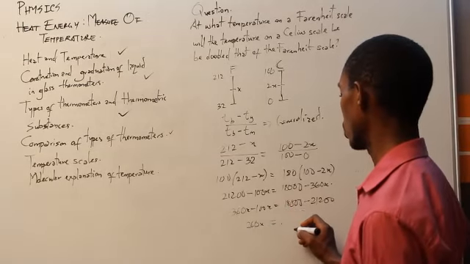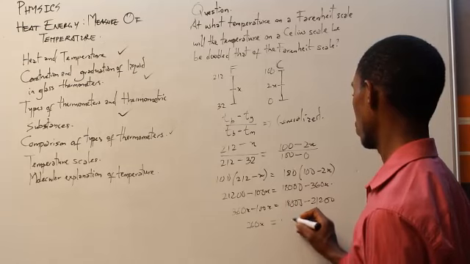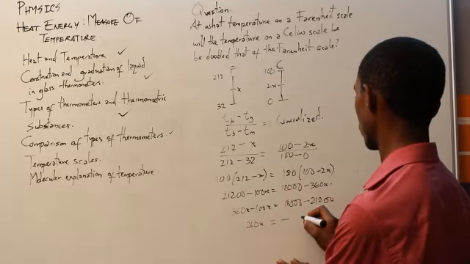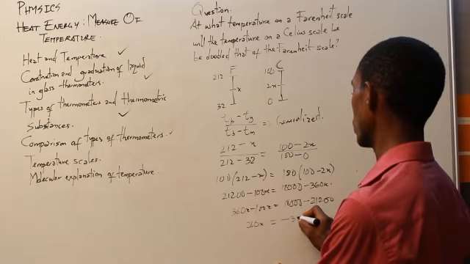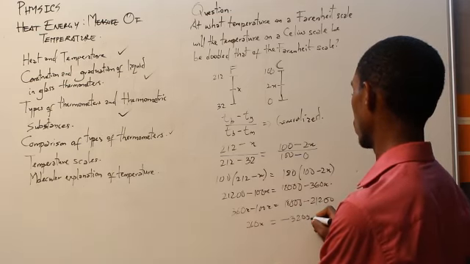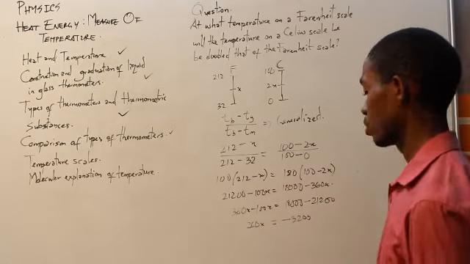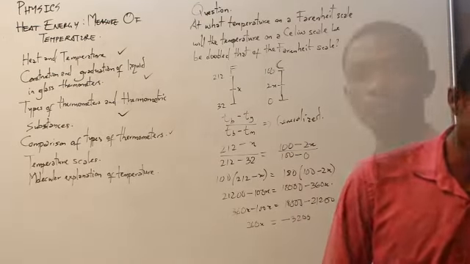When I subtract, I have 260X, which would give minus 3,200.